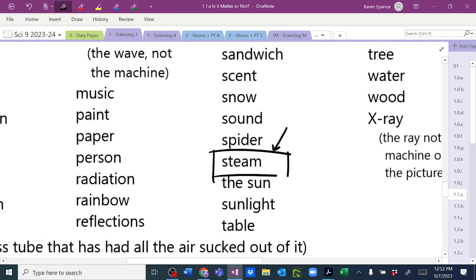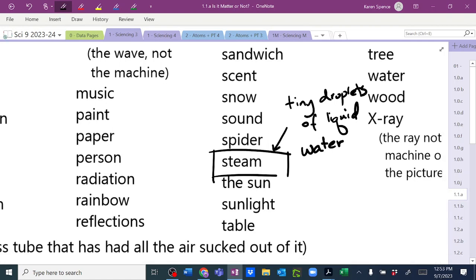Now, what we see as steam is actually, you know how you see steam above the kettle, and it's white and it kind of goes like this? That is actually tiny droplets of liquid water. Okay? So when water is boiling, it actually comes off as individual water molecules.